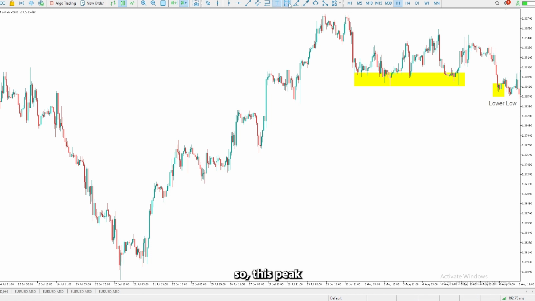So, this peak becomes a lower high due to the previous peak.